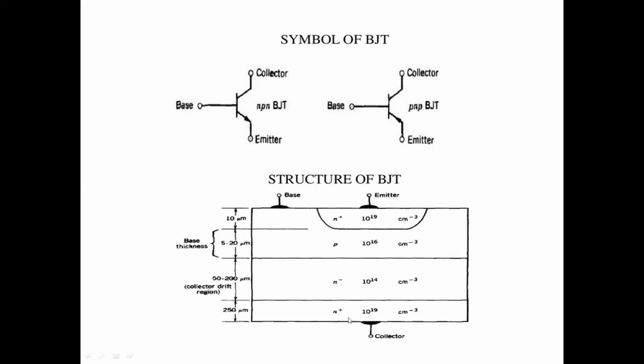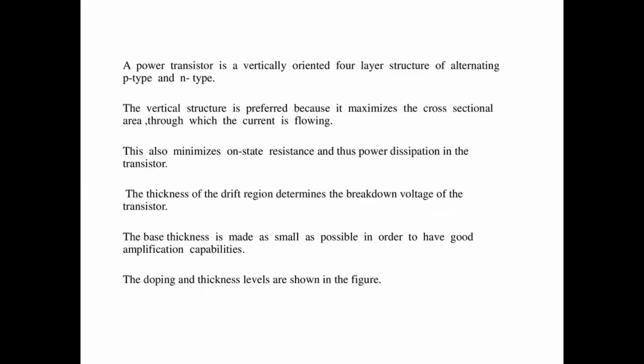The first one is the N plus layer, over which the N minus layer is grown, and over the N minus layer, the P layer is grown, and in this P layer, an N plus layer is grown. Both N plus layers, the first one and the last one, are connected through junctions, and these junctions are known as collector and emitter. The base layer is grown on the P layer.